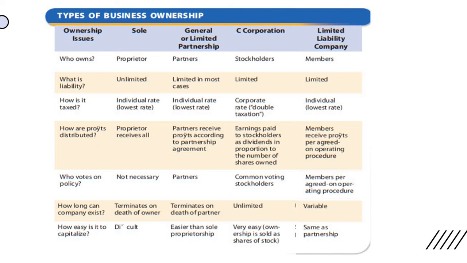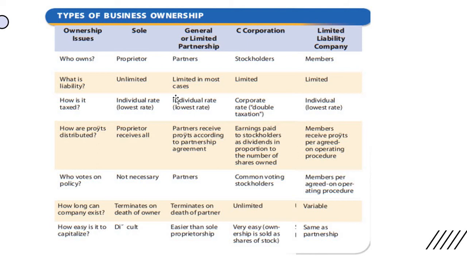Okay? So, entrepreneurs should write a partnership agreement or articles of partnership before they go into business together. Kasi a partnership agreement is a legal document that clearly defines how the work, the responsibilities, and the liabilities of the partnership will be shared by the partners. Kaya nga limited ang kanilang liability.